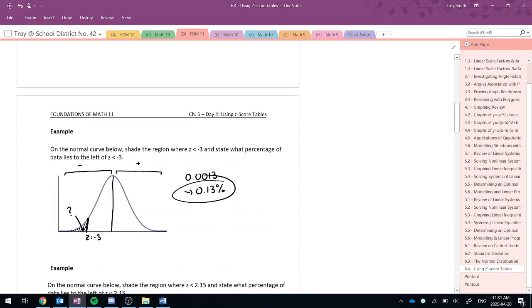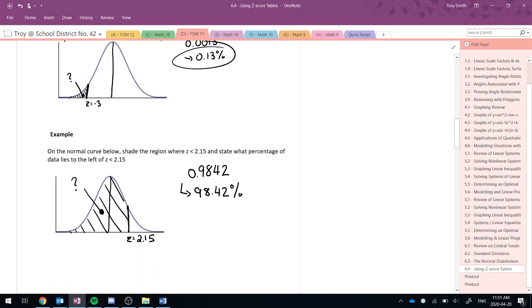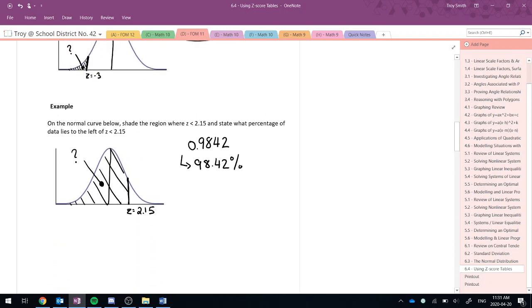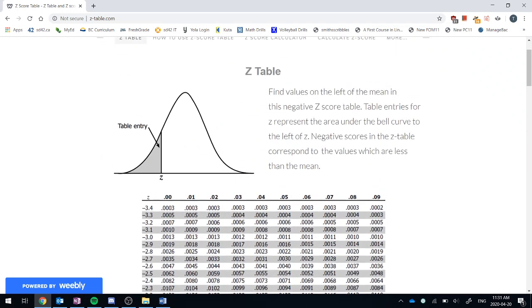And let me see, we did a few simple examples. So if you remember, the most important thing using this z-score table is it's always the area to the left. Okay, you have your z-score here for the data point we're talking about. So right here is the data point. You can calculate the z-score of that data point using the z-score formula, and then you use the z-score table to come up with the area to the left.